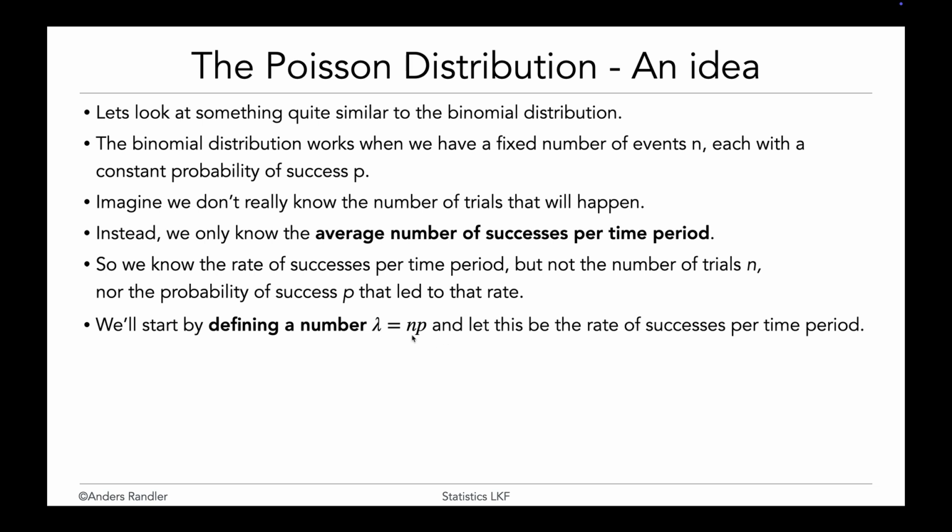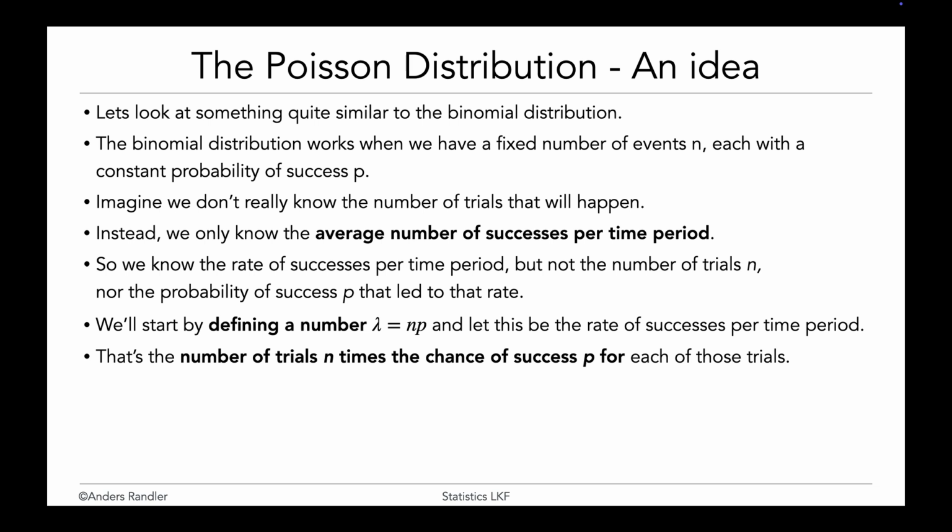Because if you had known that you had a certain number of experiments during a period and you know the probability of succeeding in each of those cases, the rate of success for that time period would have been n times p. So we define that number and call it lambda: the number of trials n times the chance of success p for each of those trials.